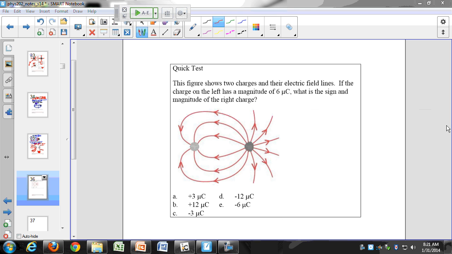So the left charge has a magnitude of 6 microcoulombs, and because the field lines are going into it, we know it must be minus 6 microcoulombs. And then the right charge has twice as many field lines. It has 12 field lines, whereas I only have 6 field lines over here. So we know it has to be twice the magnitude and positive, which is plus 12.